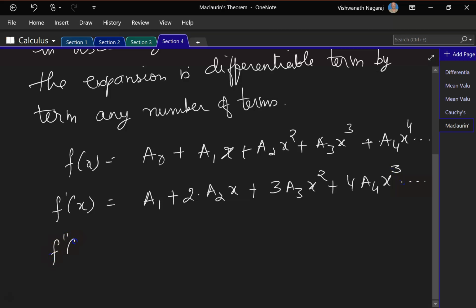Okay, let's differentiate it once more. This will disappear now. So we'll be left with 2 times 1 a2 plus 3 times 2 a3 x plus 4 times 3 a4 x square and so on.